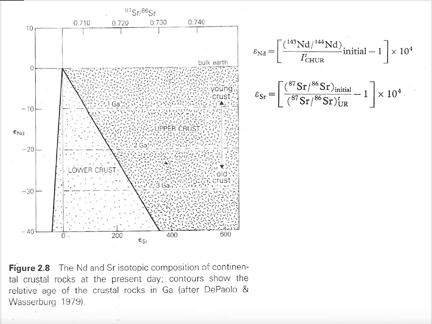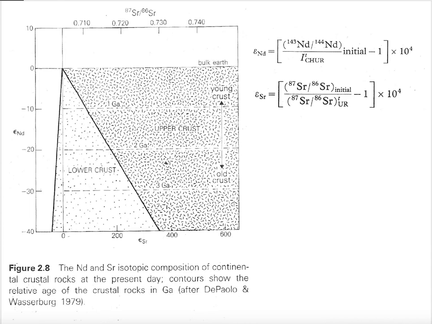Epsilon neodymium: we have 143 neodymium divided by 144 neodymium at initial, then divided by the CHUR, and we should know what the CHUR is. The CHUR is the chondritic uniform reservoir, so these are the values for the chondrite.